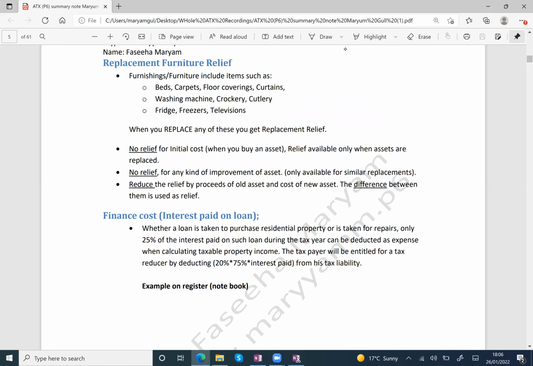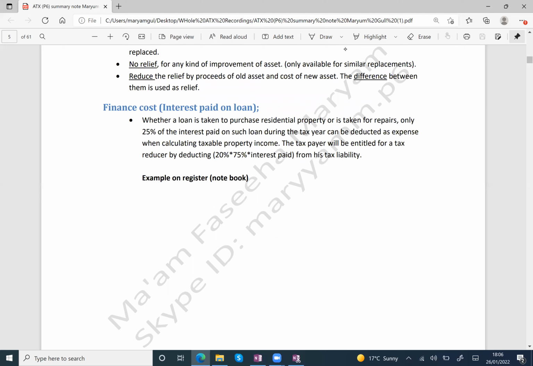Simple. Next paragraph. It makes no difference whether the finance was used to purchase the property or was used to pay for repairs. The restriction does not apply where finance costs relate to a furnished holiday letting or to non-residential property such as an office or warehouse. The restriction only applies to individuals and not to limited companies. The restriction has no impact on basic rate taxpayers.